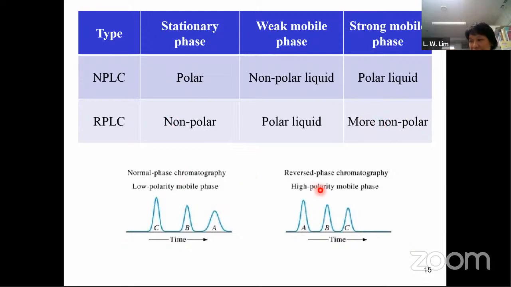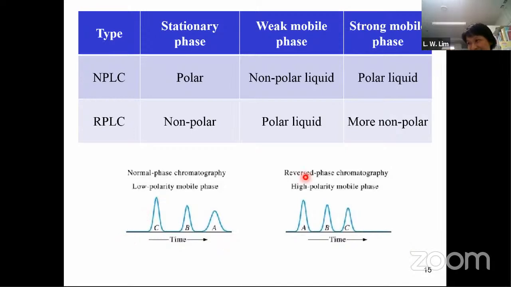What is the main difference between the separations of these two? I mean the selectivity. For example, when we have three samples, A, B, and C, where sample A has the highest polarity and sample C has the lowest polarity. In normal phase, the retention of sample A will be the longest, and sample C the shortest.